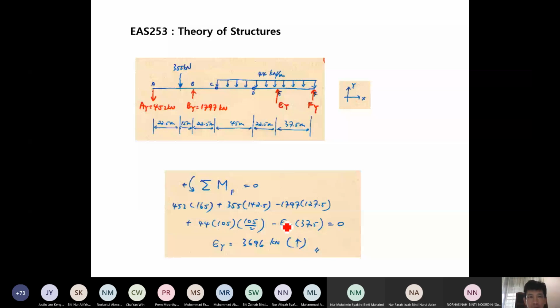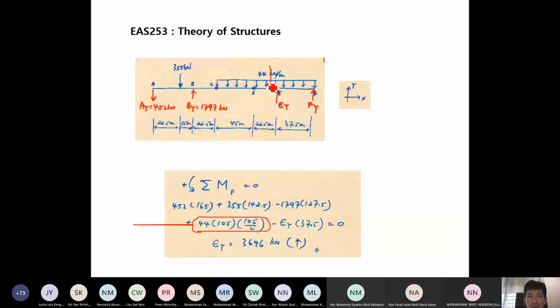So take note of this particular part, which is 44 multiplied with 105, corresponding to this UDL, the total load, and then 105 over 2. This whole thing is 105, and the corresponding load is acting at the center here.